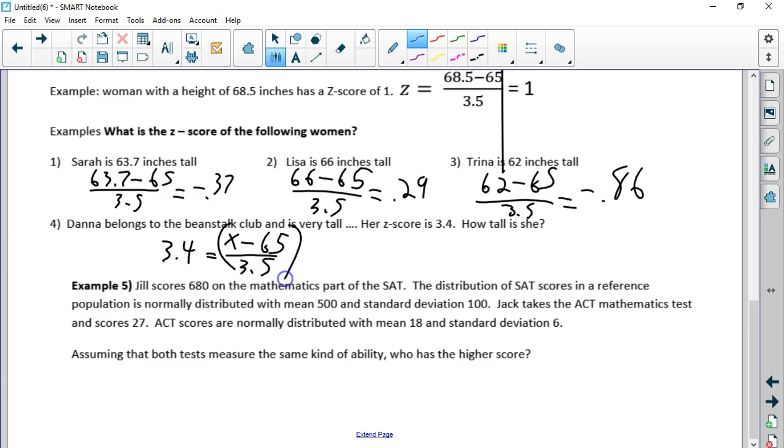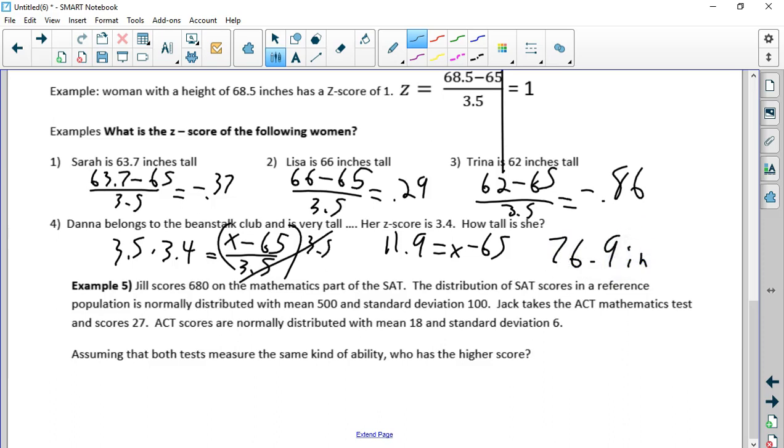We're going to multiply both sides by 3.5. And that gives us 11.9 equals x minus 65, because these cancel. And then we add 65 to both sides, and we find out that she's 76.9 inches.